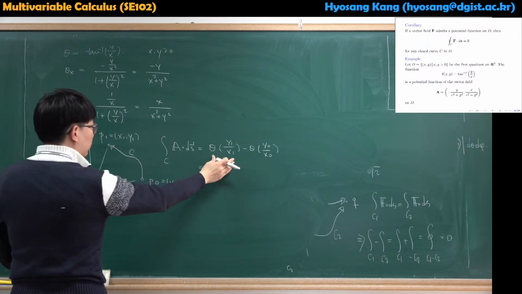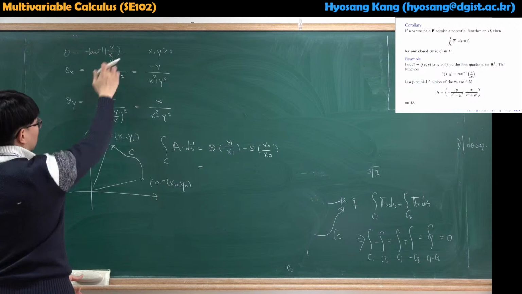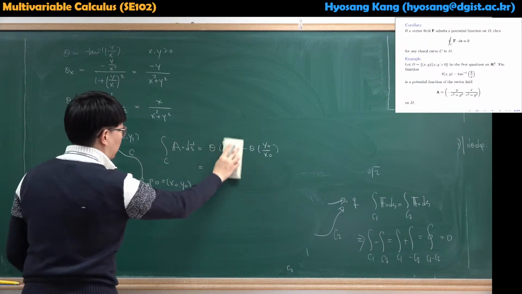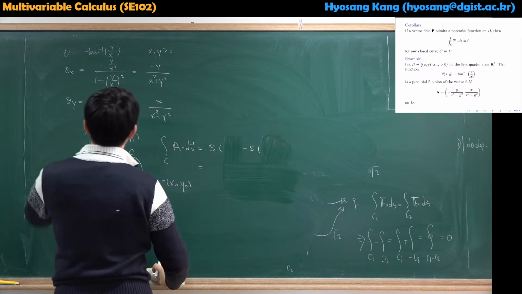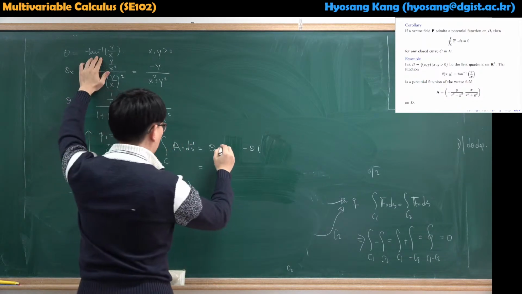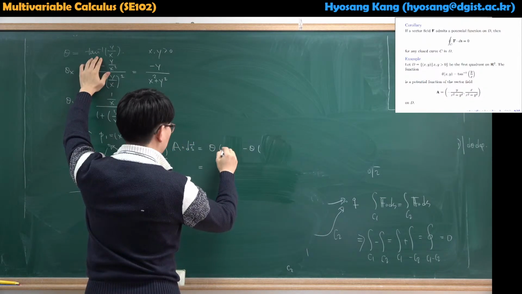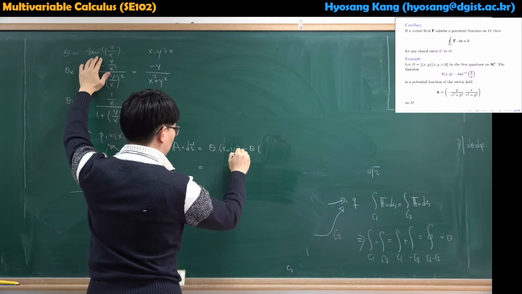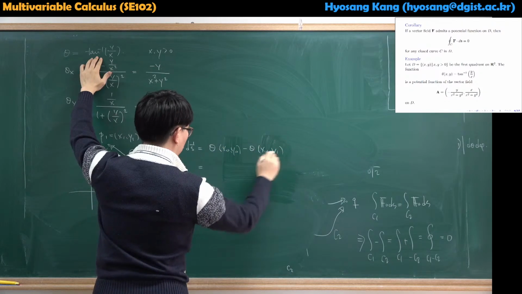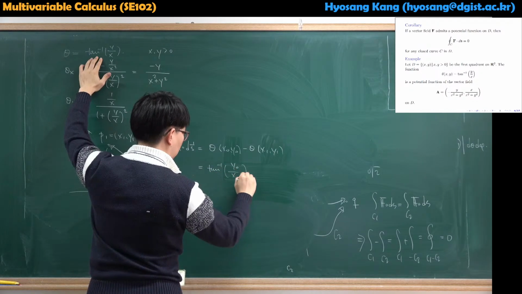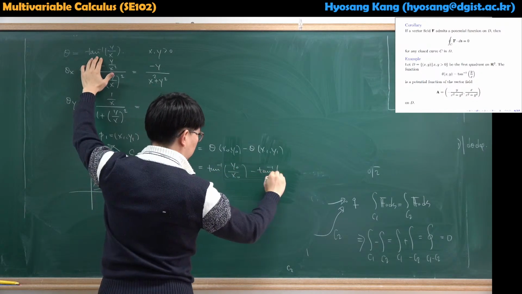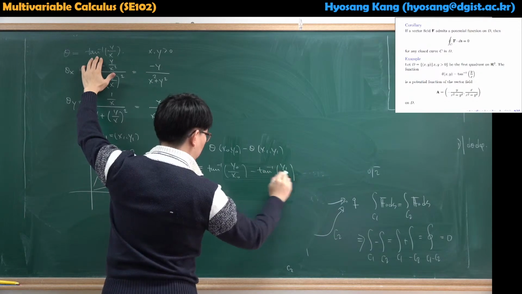So what does it measure here? This is just a two variable function, and the value of that function is given by this.